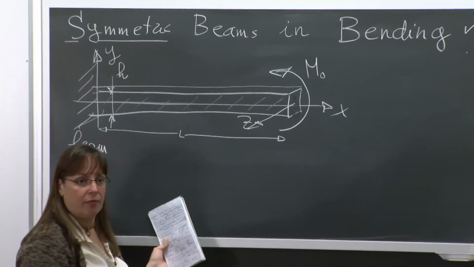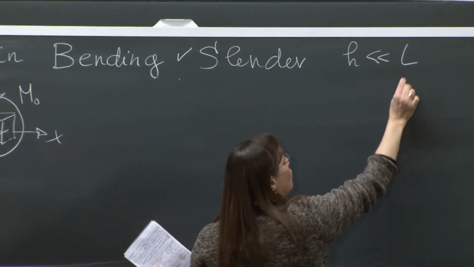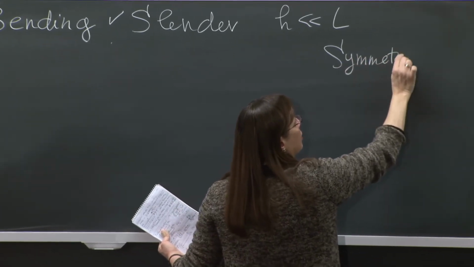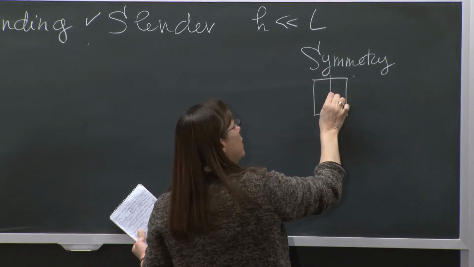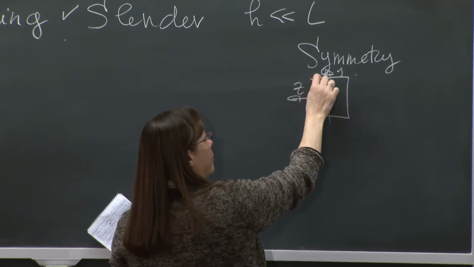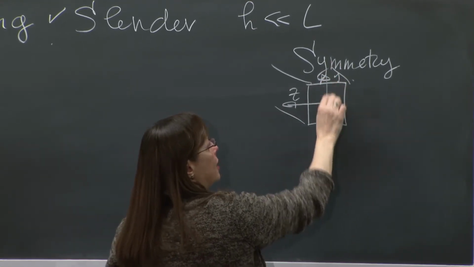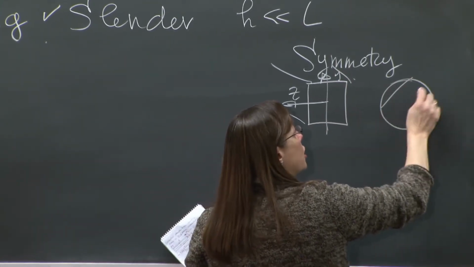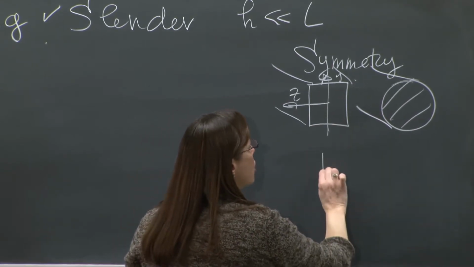If I look at the cross-section of the beam, the symmetry is both up, down and left to right. So all the cross-sections that we're going to deal with in 201 are symmetric.